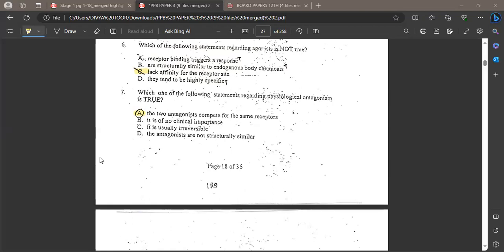Yeah, I'm also seeing with physiological antagonism that it could be D, because you gave an example of insulin and glucagon. In that case I would also go for D then.